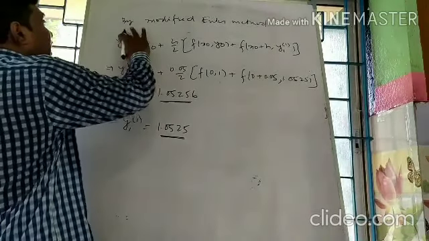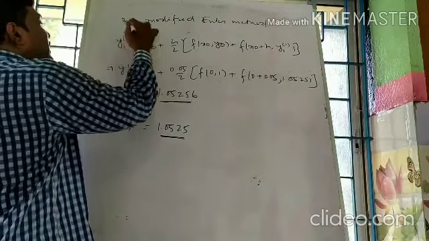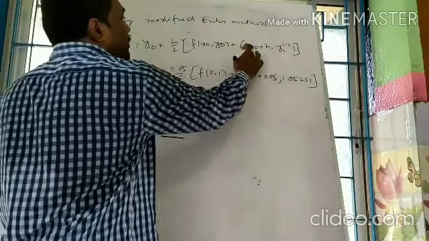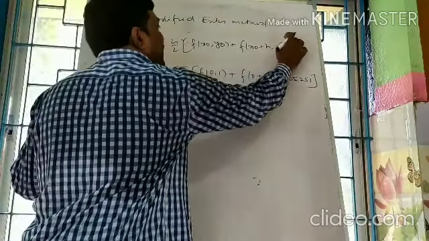Now y13 equals y0 plus h by 2 times f of x0, y0 plus f of x0 plus h, y12.